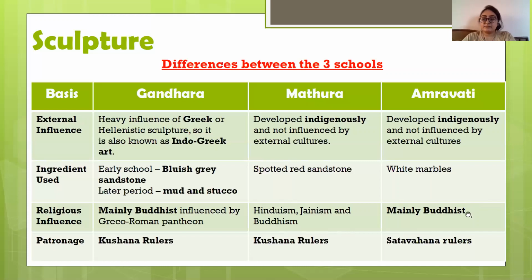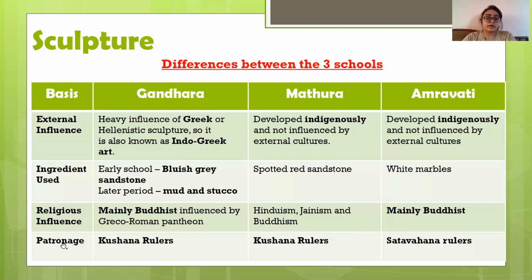By its name, you may assume that it is related to Hinduism or Jainism, but the Amravati school of sculpture was mainly a Buddhist school of sculpture. Under Gandhara, it is mainly Buddhist. Under Amravati, it is mainly Buddhist. But under Mathura, all the three religions were there.